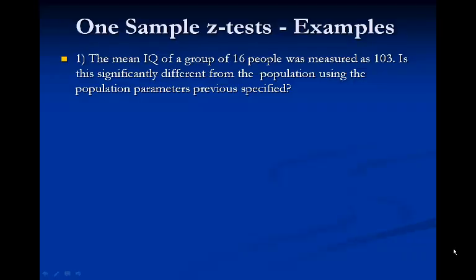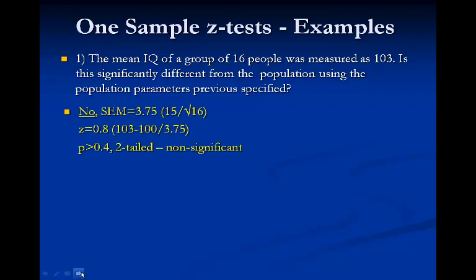One sample z-tests, and this slide runs through some examples. Let's suppose we've taken a group of 16 people and measured their IQ and calculated the mean IQ of that group as 103. We want to ask the question that we've talked about before of whether this mean is significantly different from that we'd expect based on the population with parameters that we've previously specified. No, because we can do the following calculation.